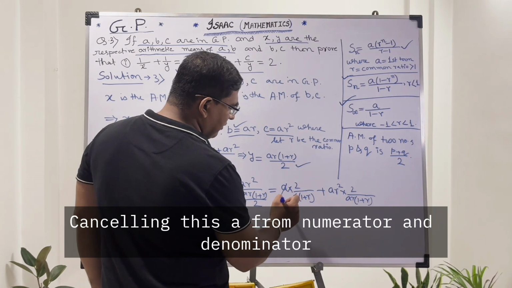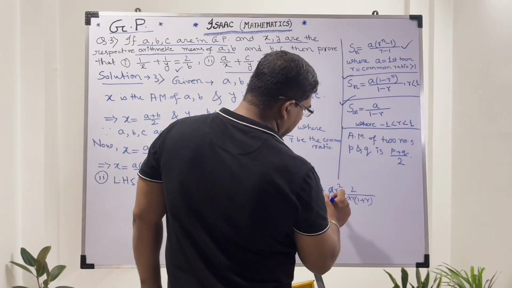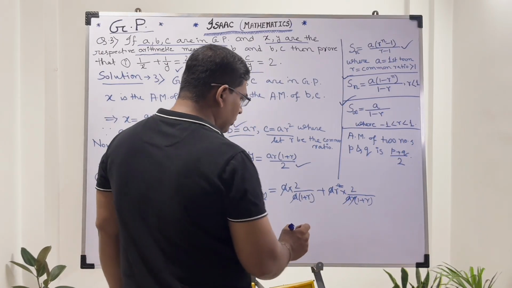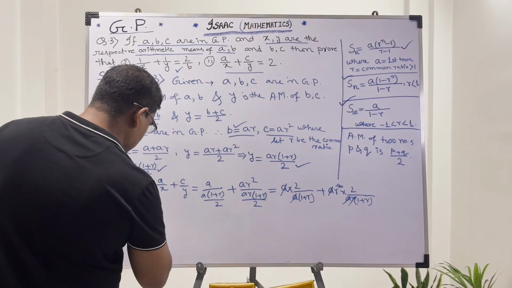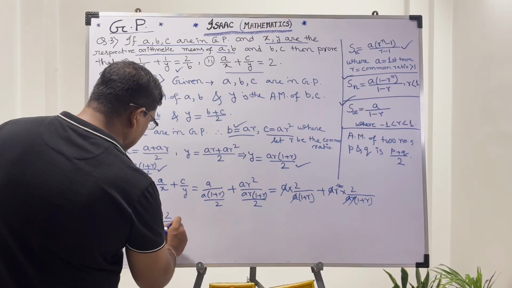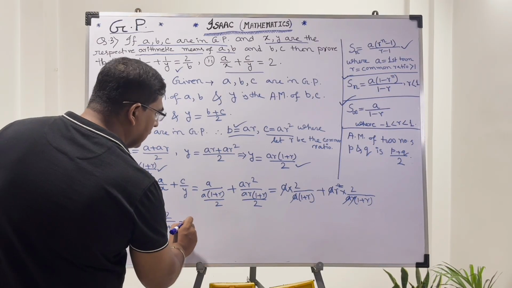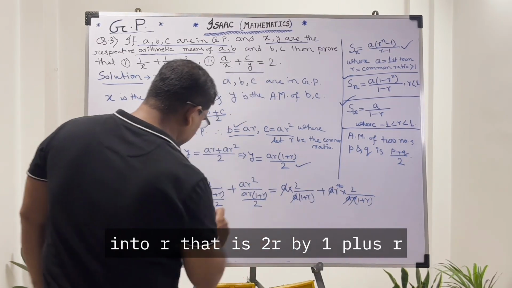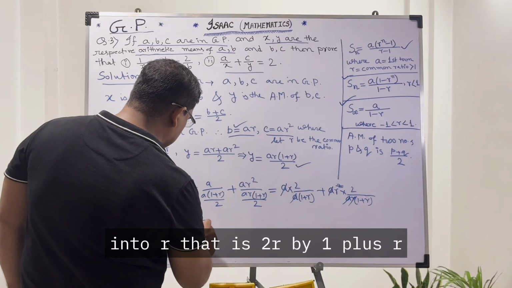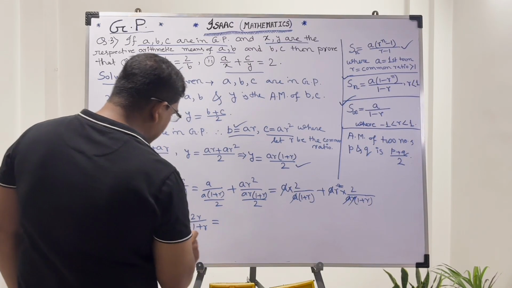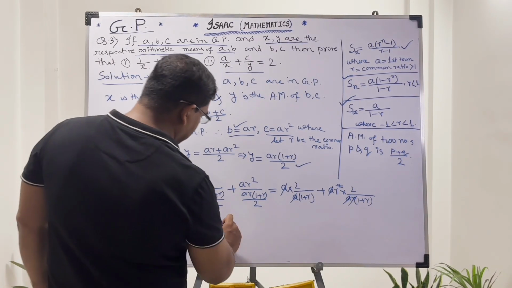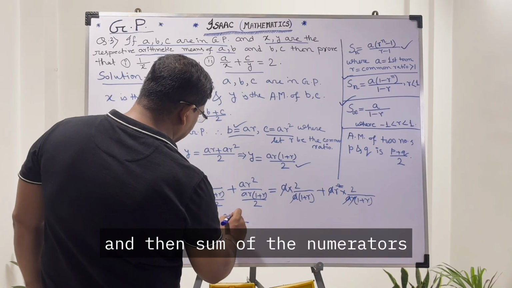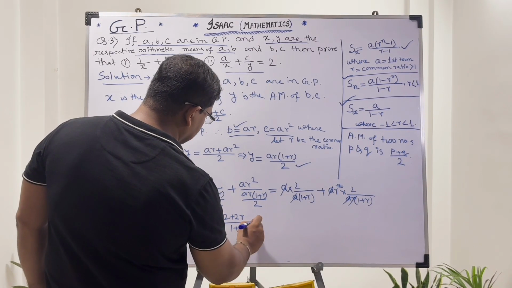Cancelling this A from numerator and denominator, and then R and R square, we get 2 by 1 plus R plus 2 into R, that is 2R by 1 plus R. Now the denominators are same, that is why common denominator and then sum of the numerators.